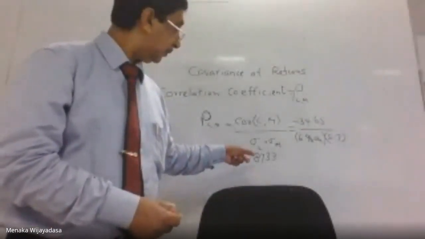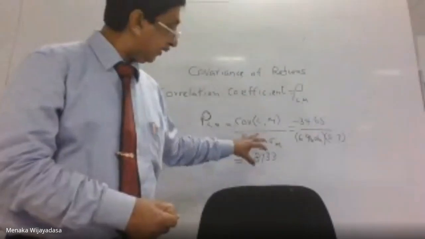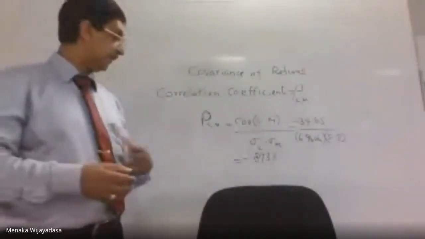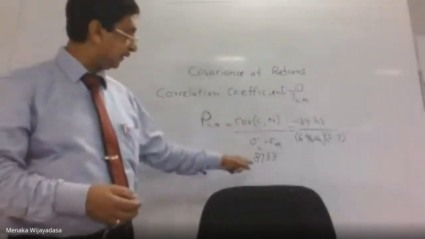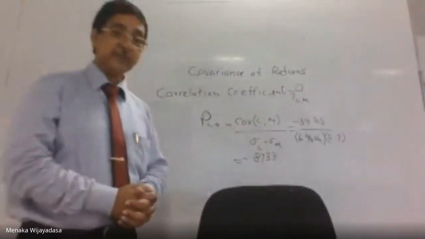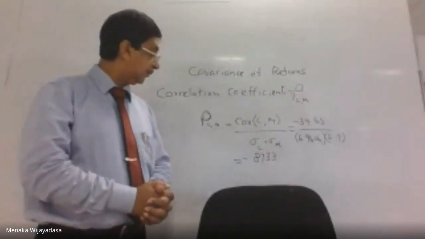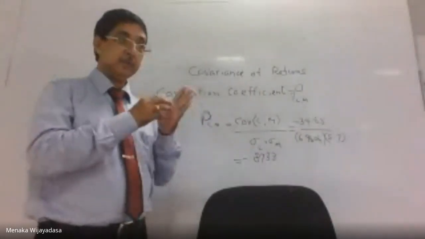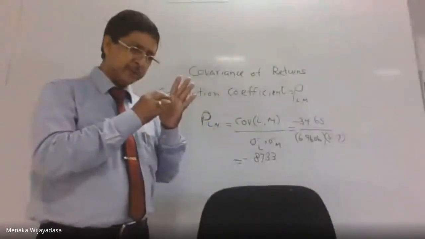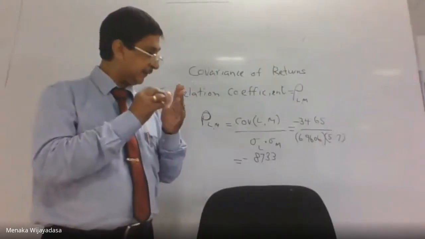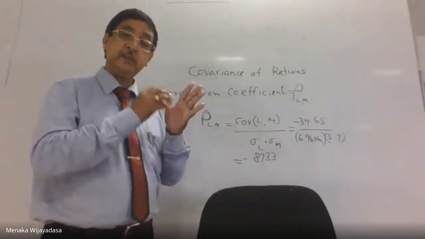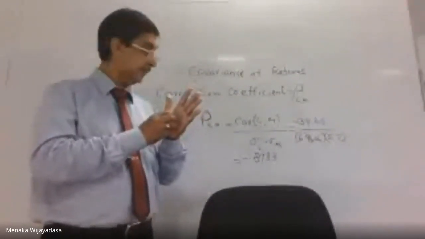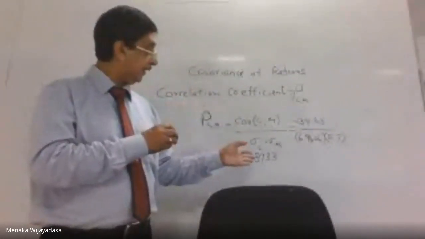Now, you can give a meaning for this. When the correlation coefficient is minus 0.8733, we can say that the return of asset L and the return of asset M are negatively correlated by 87%.